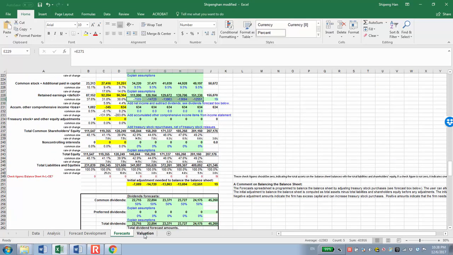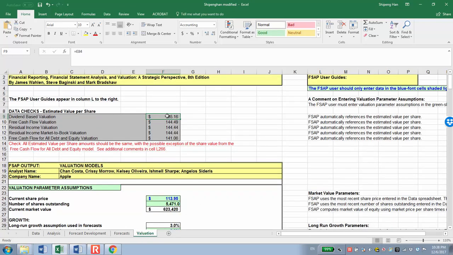So it actually manually decreases the payoffs to the shareholders. That's why for the dividend model, the value of shares is less than other models. If we choose retained earnings as a flexible account, the result is different from the others.